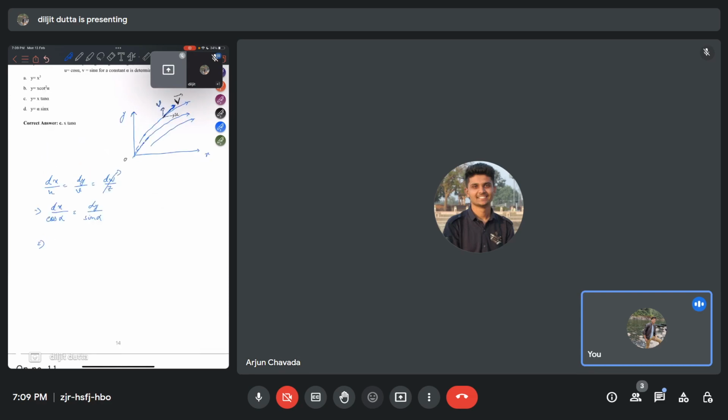So if we integrate, x sin alpha equal to y cos alpha plus c, c is the constant of integration.